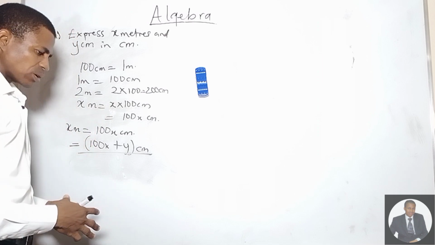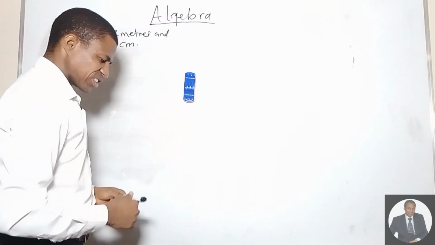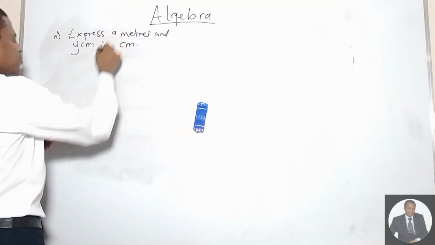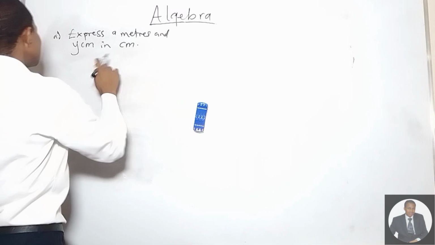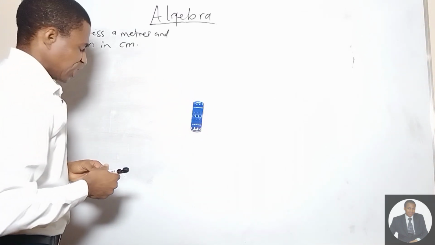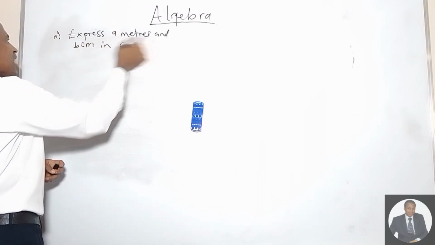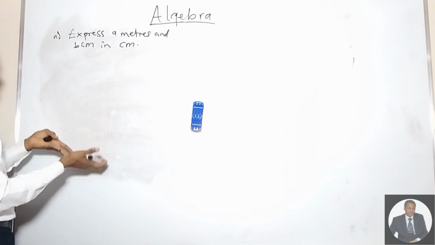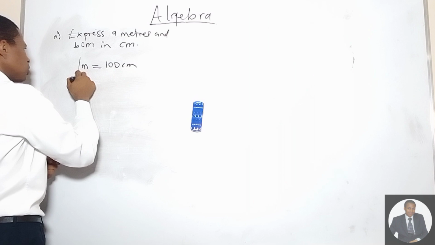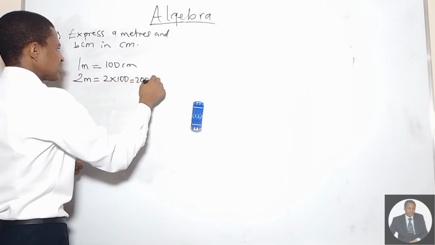Now there can be another question. Express a meter and b centimeter in centimeter, just like what we did. 1 meter is 100 centimeter. 2 meters is 2 times 100, which is 200 centimeter.